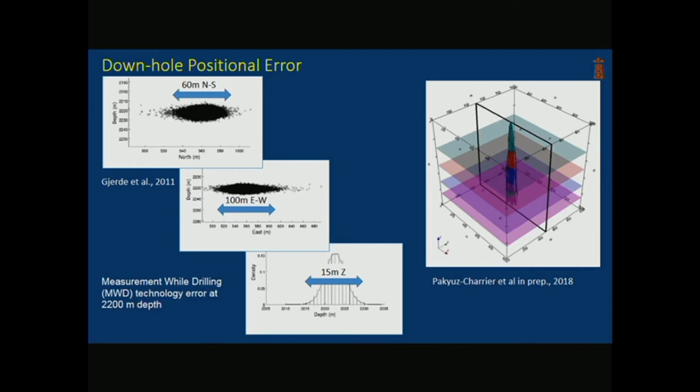So the fundamental error associated with a 200-meter drill hole might still be 10, 15% of where you think it is, and that is obviously going to feed into the uncertainty. And this is the work of Evren Pakius-Charrier, who's been looking at different simulations of where a drill hole is going at depth, because there is an inherent uncertainty in the measurements that have been made.